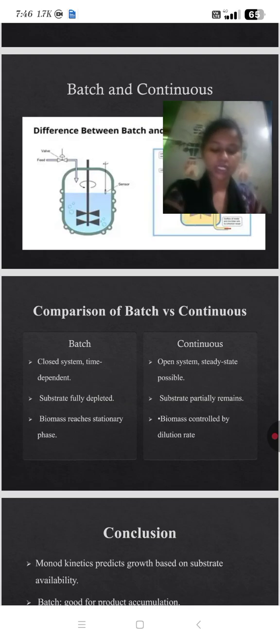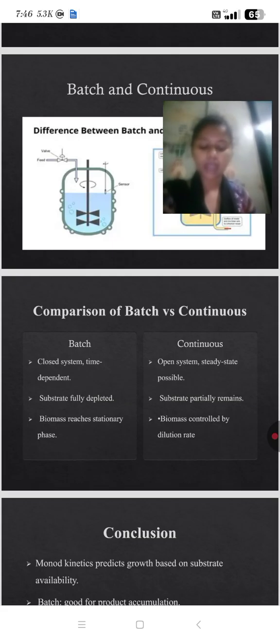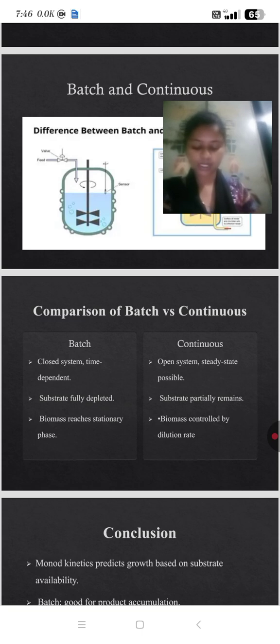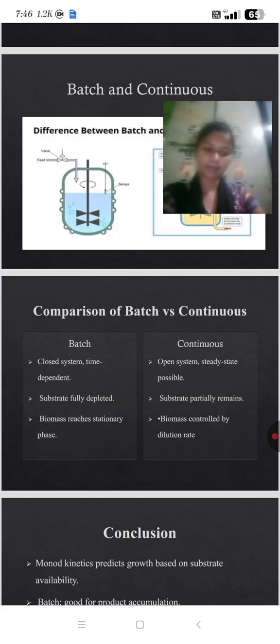Batch is a closed system, the simplest, used for small scale or antibiotic production. Fed batch is good for controlling nutrient limitations. Continuous is best for metabolite production over a long period.